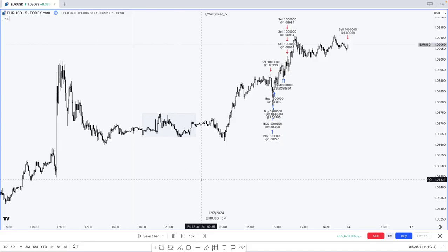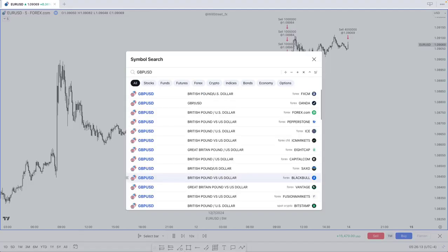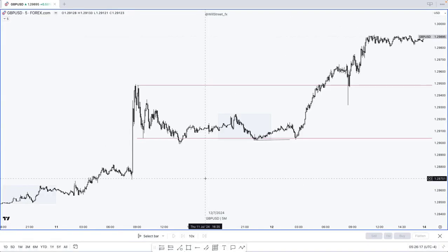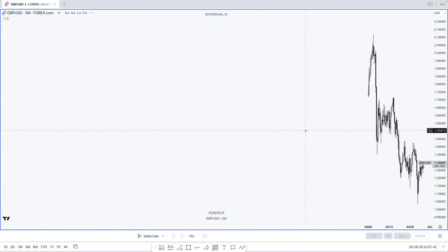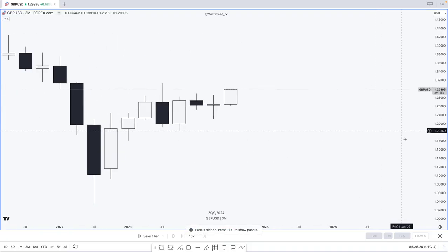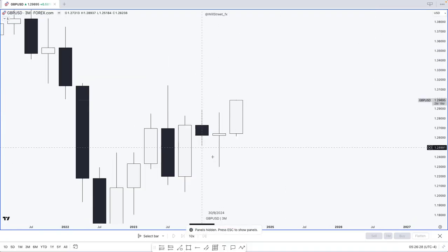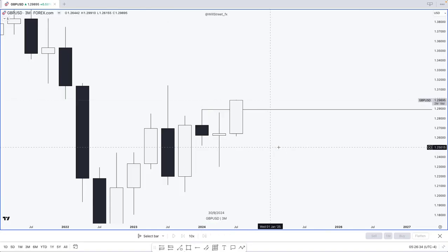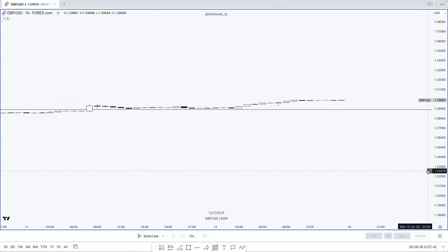For instance, let's go to Thursday's CPI on GBP that, remember, we had the 3 months range, our target, and let's find an entry.